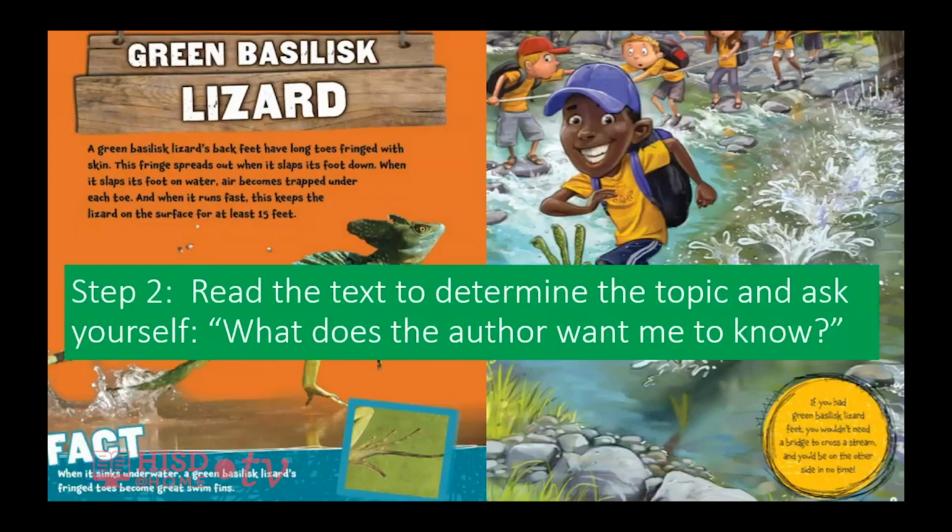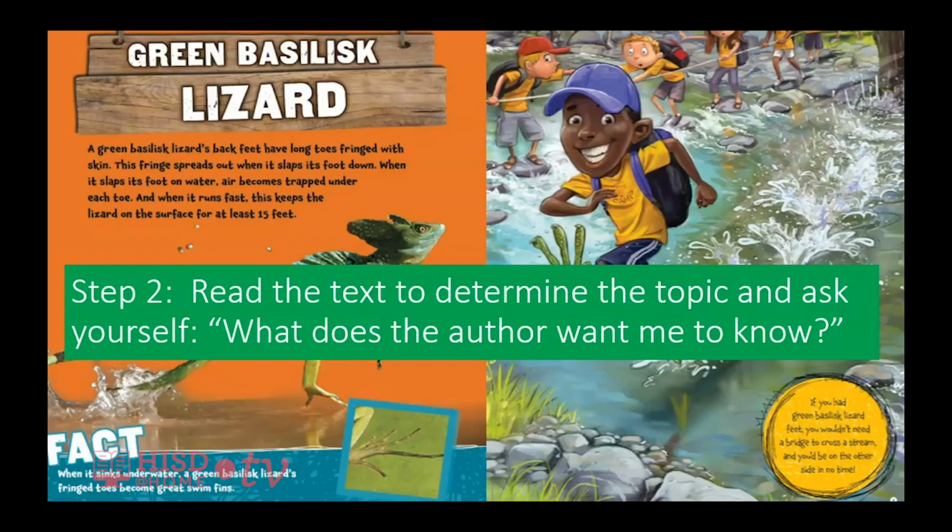Step 2. Read the text to determine the topic and ask yourself, what does the author want me to know? A green basilisk lizard's back feet have long toes fringed with skin. This fringe spreads out when it slaps its foot down.